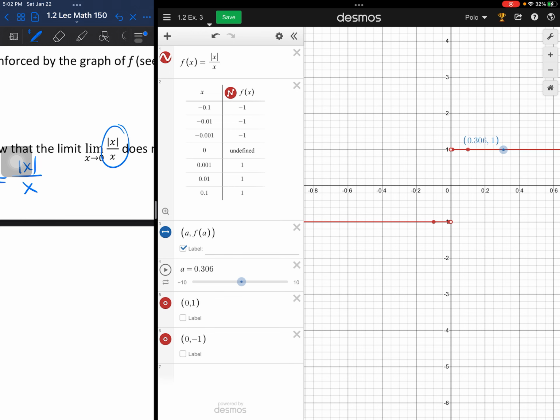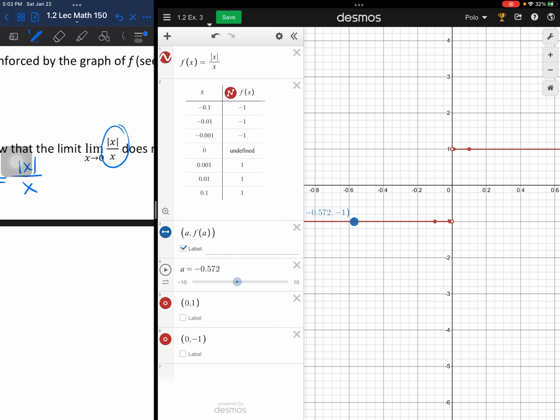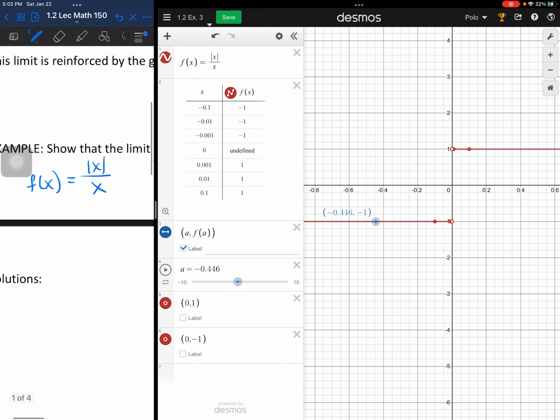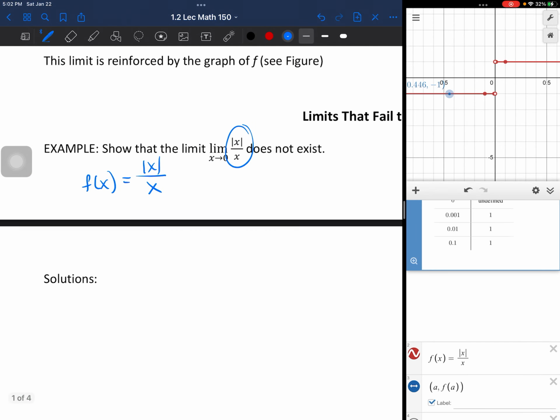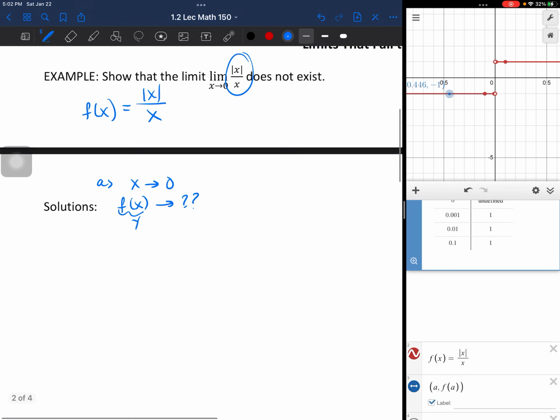As we're going to talk about in this example, as x approaches 0, maybe I'll write that over here, sort of what we've done before. As x approaches 0, f of x is approaching what? In other words, your y value is approaching what?